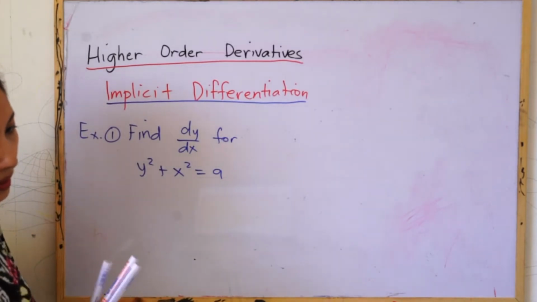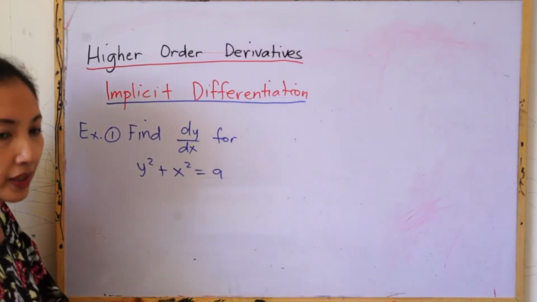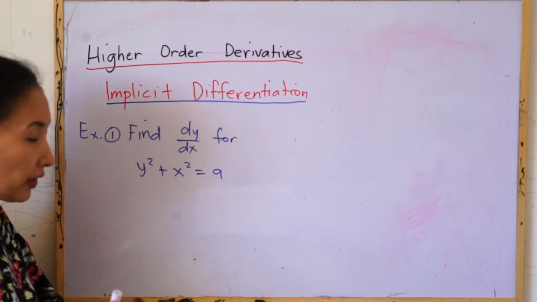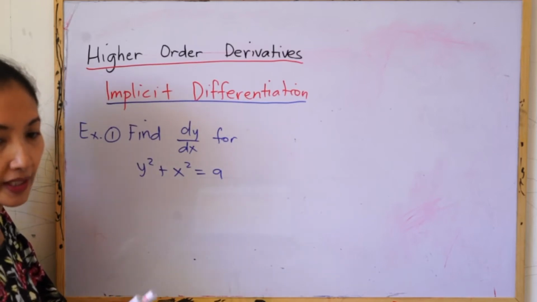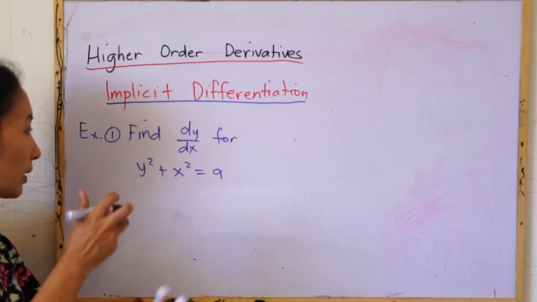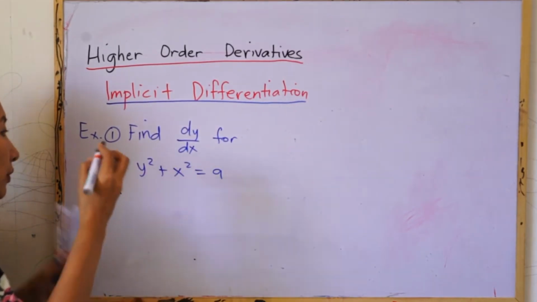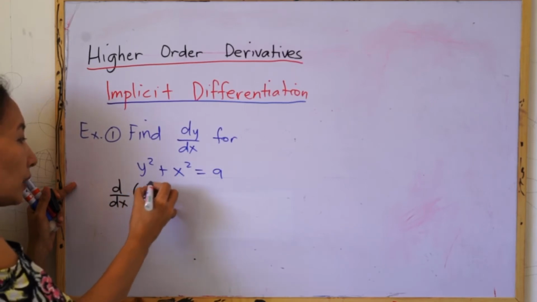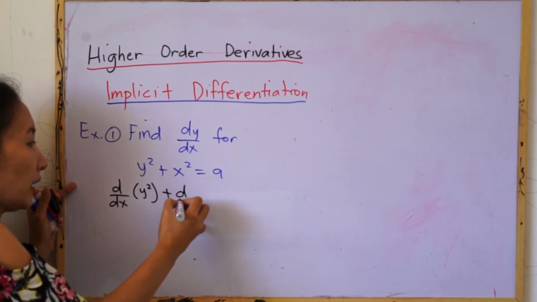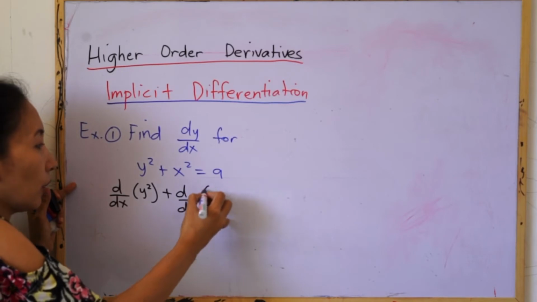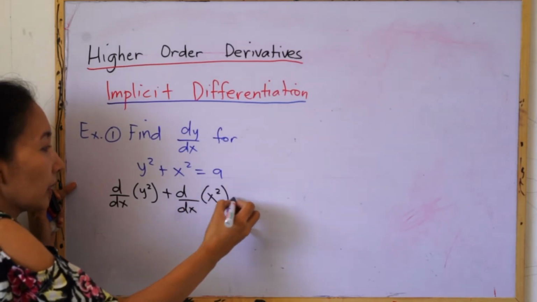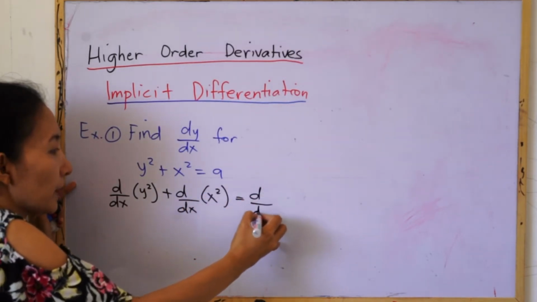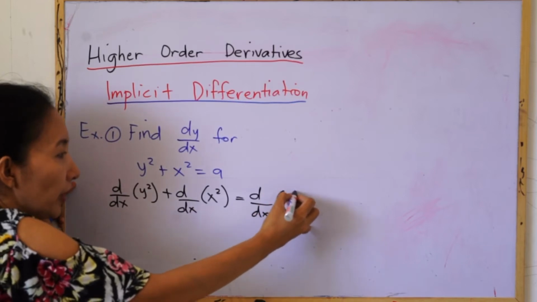So like what we said a while ago, we first take the derivative of every term with respect to x. So we take the derivative with respect to x of y squared plus the derivative with respect to x of x squared equal to the derivative with respect to x of 9.